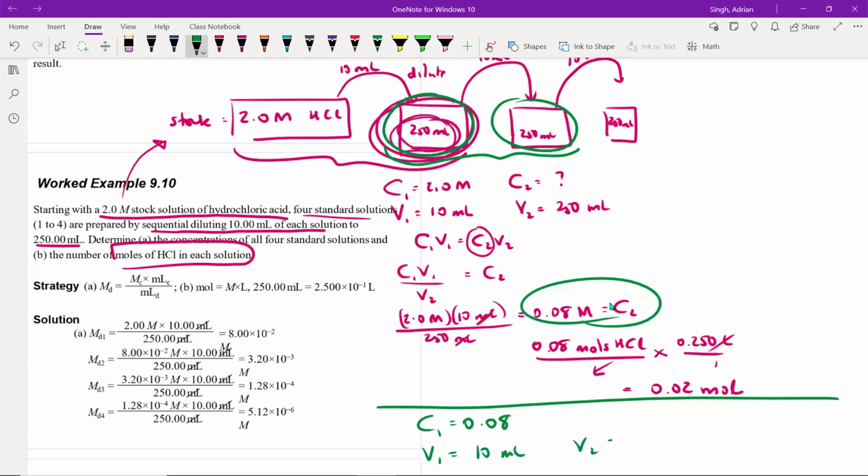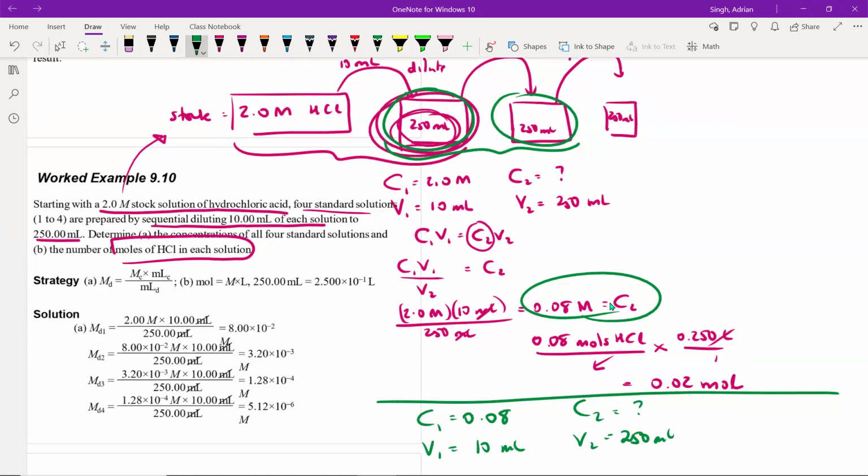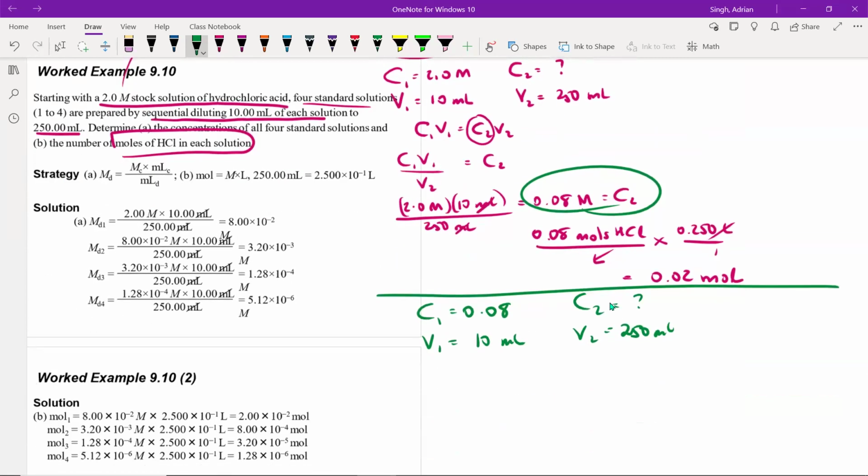My V2 I want to end up with is 250 mils, and then my C2 is what I need to find. Okay, that's my unknown. Again, I do the similar rearranging, so my C2 would be equal to C1 V1 over V2. I substitute those values in. So my C1 there is 0.08 molar. My V1 is 10 milliliters. And my V2 there is 250 mils.